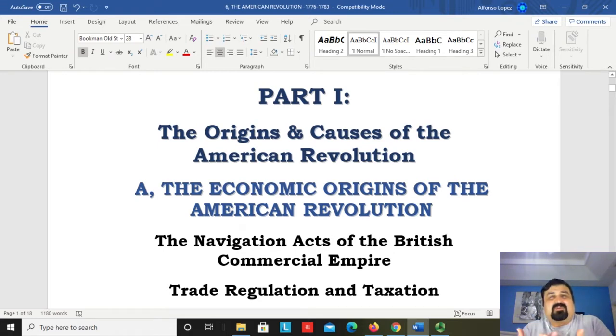The idea was that those products would be shipped directly to the mother country, Great Britain, and from Great Britain the British would distribute and sell them inside of England, in Europe, and also overseas in the world market. So the purpose of colonies was to serve the mother country economically.